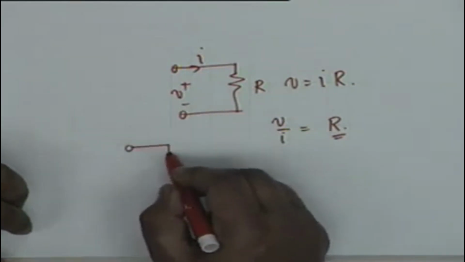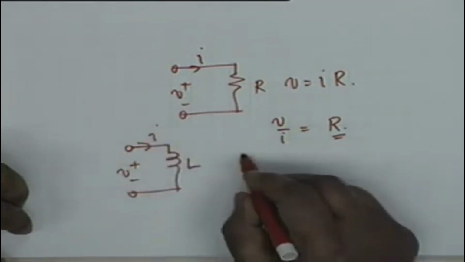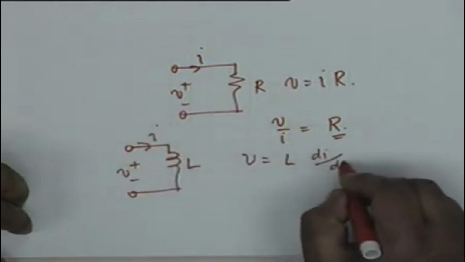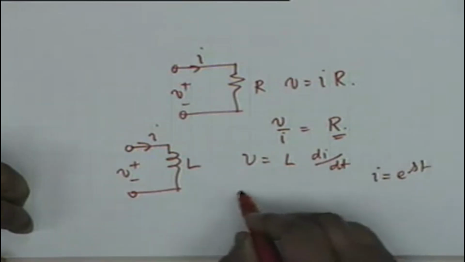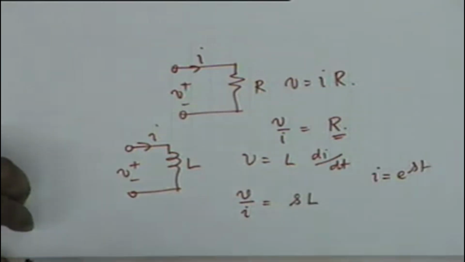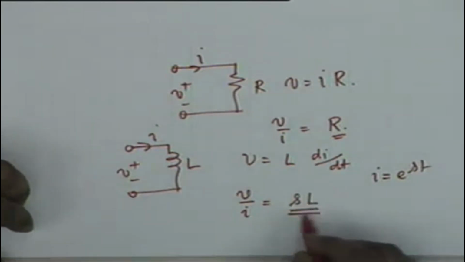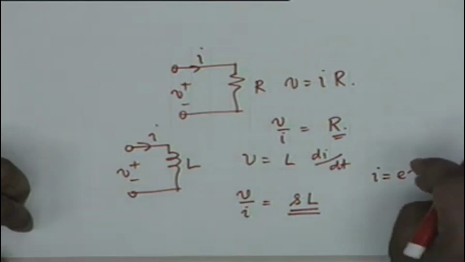On the other hand, if I have an inductor L, V and I, then you know V is equal to L di/dt, and therefore if I is of the form e to the st, then V by I shall be equal to s times L. So the impedance of an inductor of value L is simply equal to sL. Alright, what is the dimension of s? 1 by time, which means s is a frequency, and s could be real or complex.